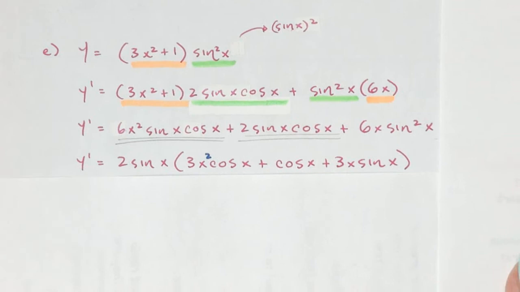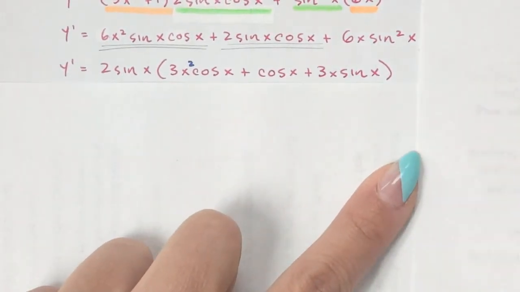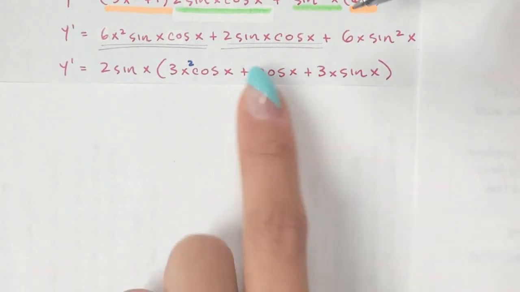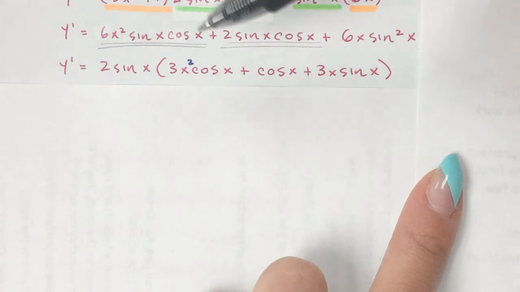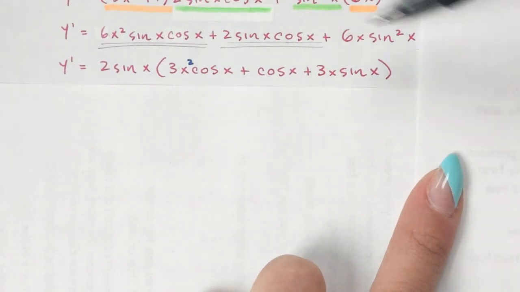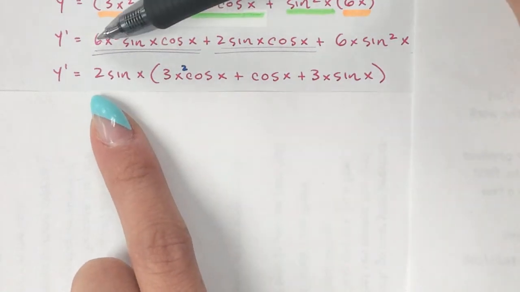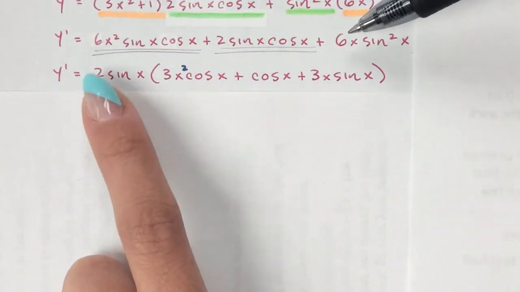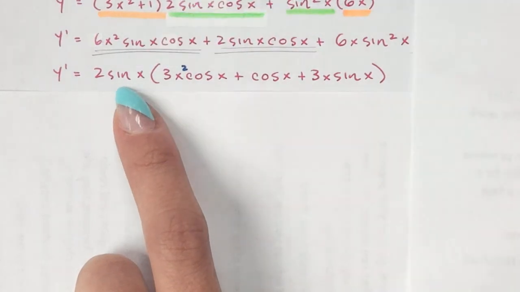There's actually 2 ways to write this final answer, so I'll show you one way. Neither of them are more right or more wrong. So one way is just going to be like this. So all I did, I have 3 terms. I can see the plus and the plus. I factored out everything I could. I see there's a 2 that I can factor out the front. There's also a sine x that everything has. So I factored out a sine x.